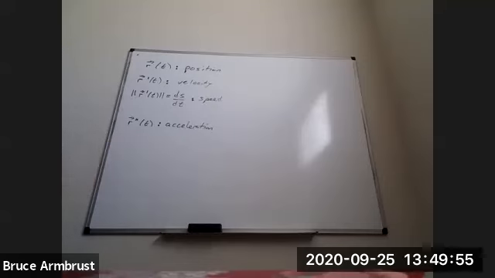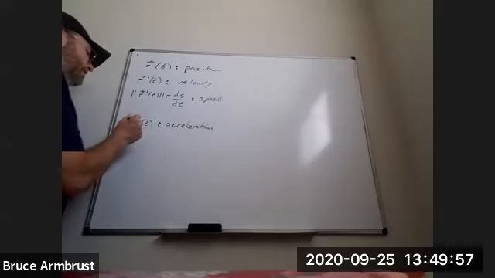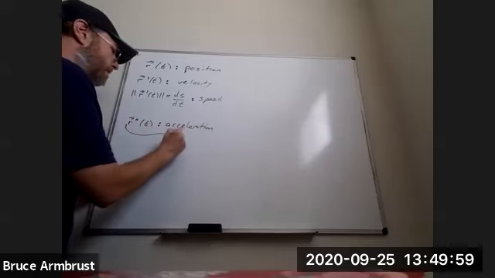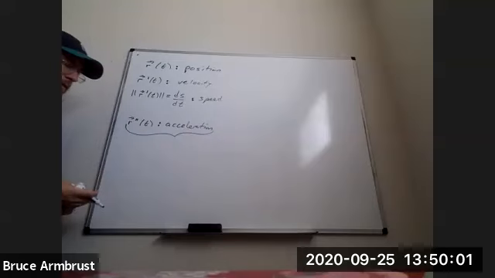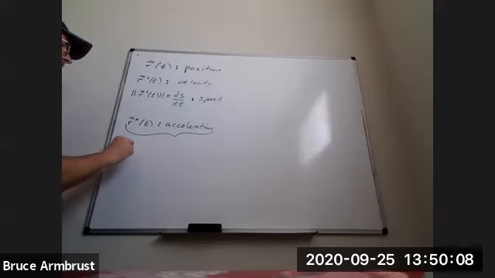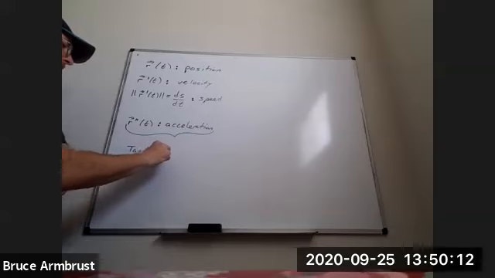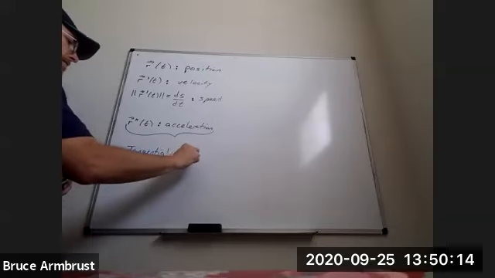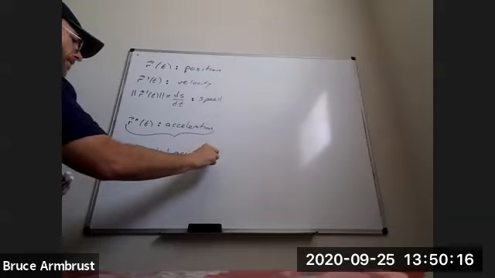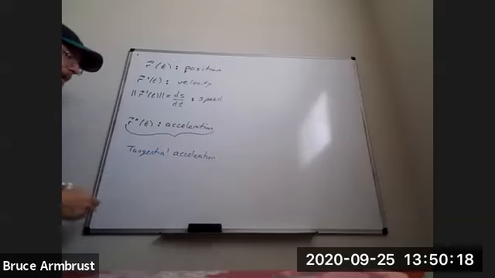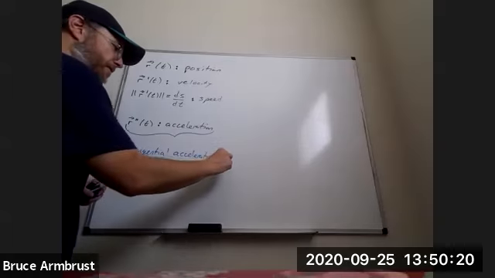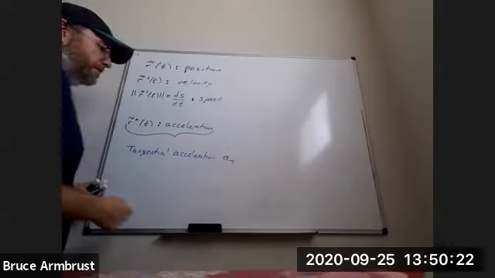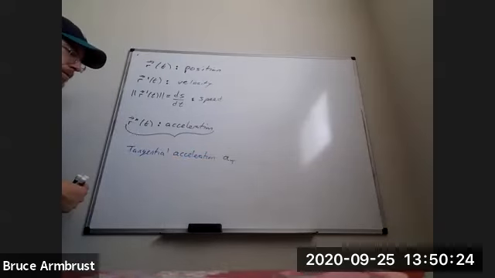But I do want to talk about acceleration for a bit, because I know I've hinted as we've gone along that there are really two portions to the acceleration. There's what we call tangential acceleration, and for tangential acceleration, I'm going to use a sub t.